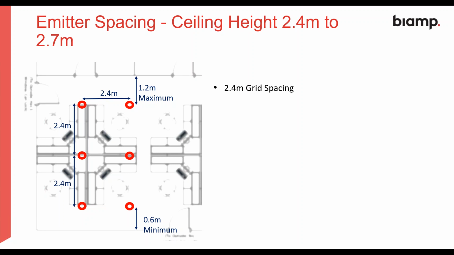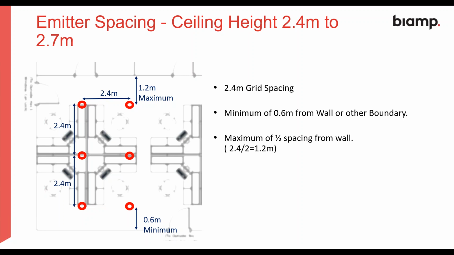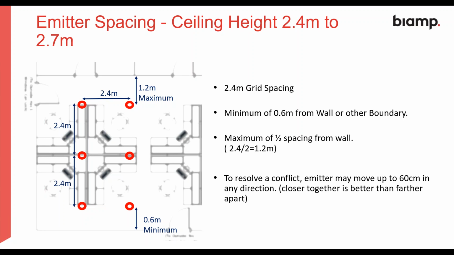So in order to achieve that, we would go for a minimum of 0.6 of a meter from the wall or other boundary, or 60 centimeters or 600 mil, however we wish to look at it, and a maximum from the boundary of 1.2 meters, or half of the distance of the grid, as a maximum. And as I said previously, we can move an emitter by 60 centimeters in any direction to avoid any form of conflict.